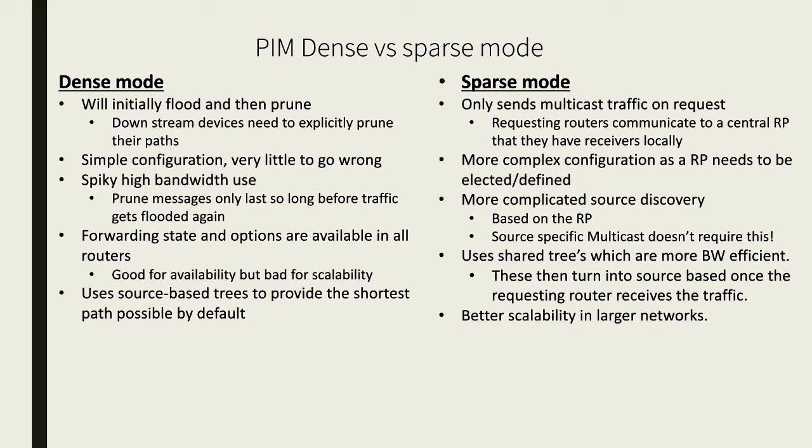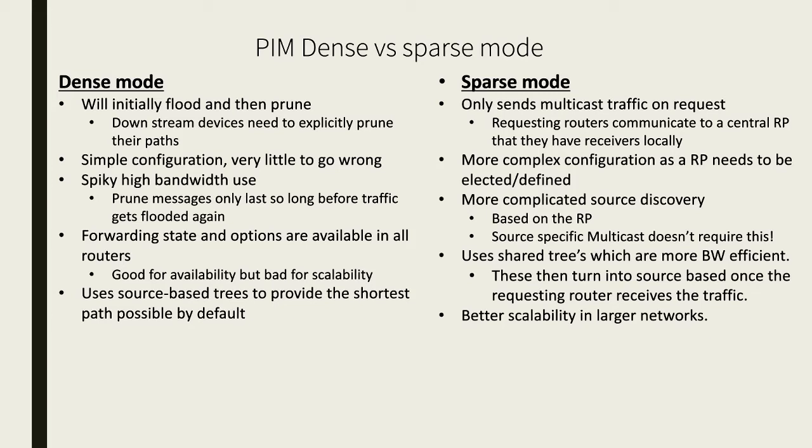Now, sparse mode uses what's called shared trees. So those are more bandwidth efficient, at least in the short run. What that means is we're sharing a path between that source router, that originating router, and the destination. That shared tree, or that shared path, is usually going by the RP, the rendezvous point.